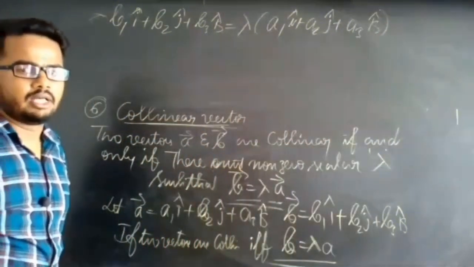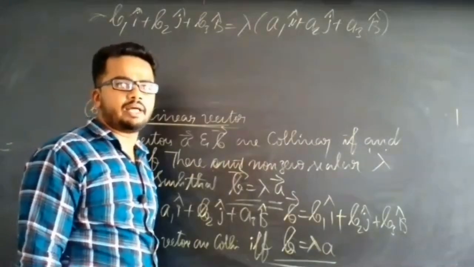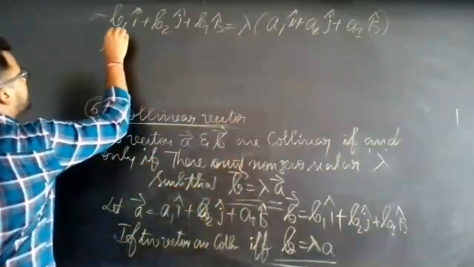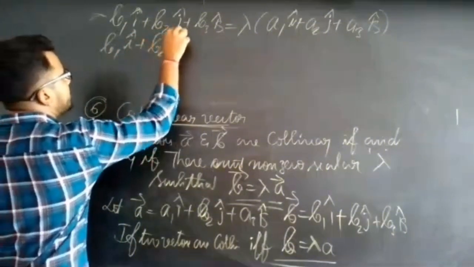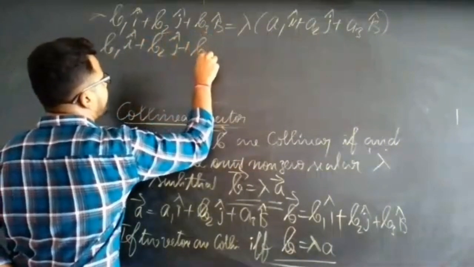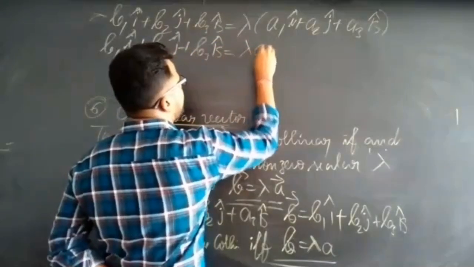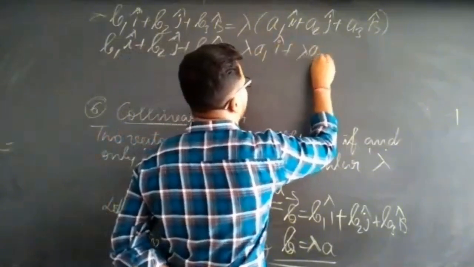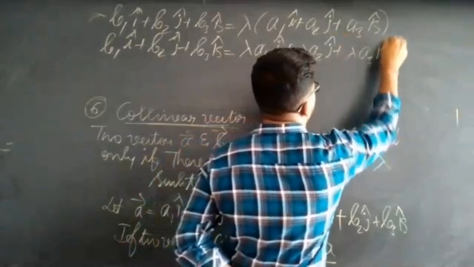Now we shall multiply inside. That is equal to B1 i cap, B2 j cap, B3 k cap equals lambda A1 into i cap, lambda A2 into j cap, lambda A3 into k cap.